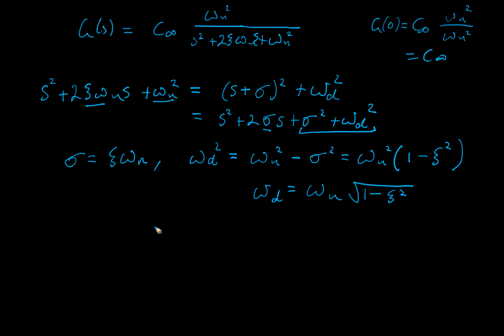Okay, so let's think about what this means in terms of pole locations. If we're drawing two poles on the S-plane here, remember we've got minus sigma as the real part, and this is omega. Now we'll write omega d, which was just omega in the previous slide.